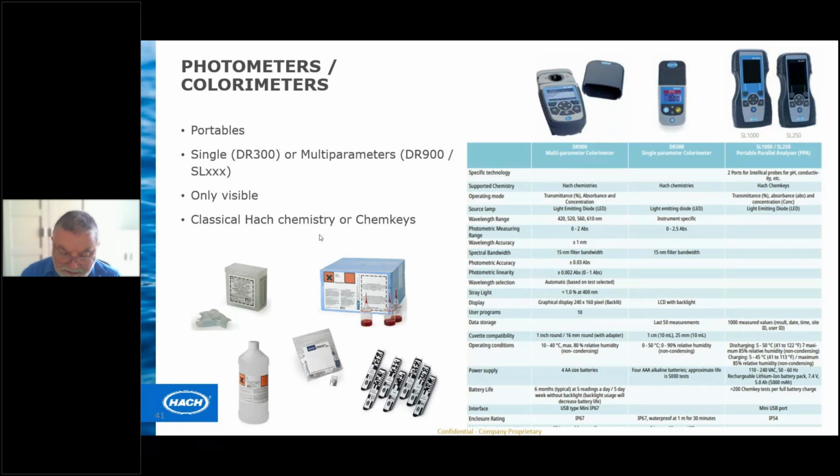They allow rapid measurements, but the manual sample preparation and the classical chemistry used make measurements very dependent on the operating mode, so very dependent also on the operators. The SL family uses a very different chemistry called the ChemKeys.